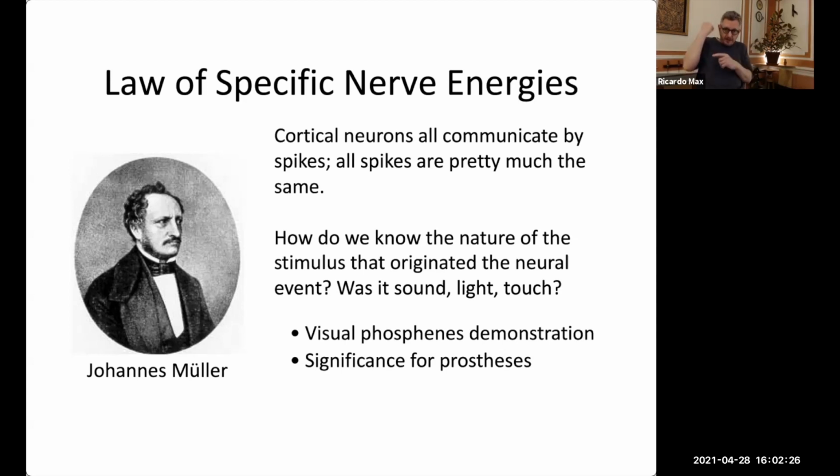This activity reaches our brain, and all our brain knows is that activity from those neurons means light. And that's why we see this illusion, these phosphenes, which is obviously not because of light.